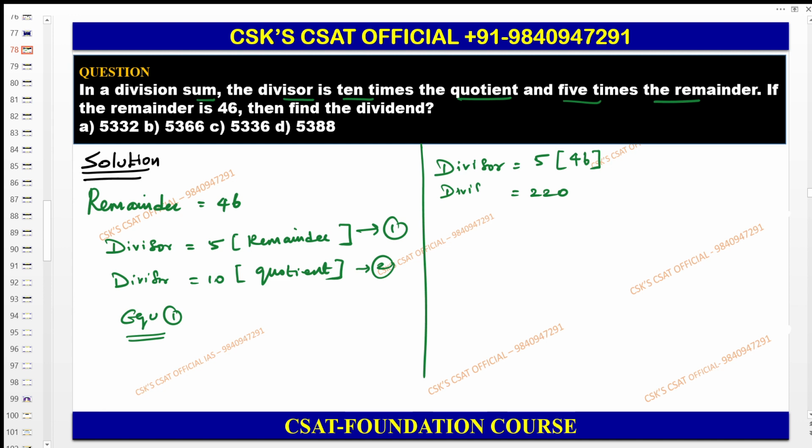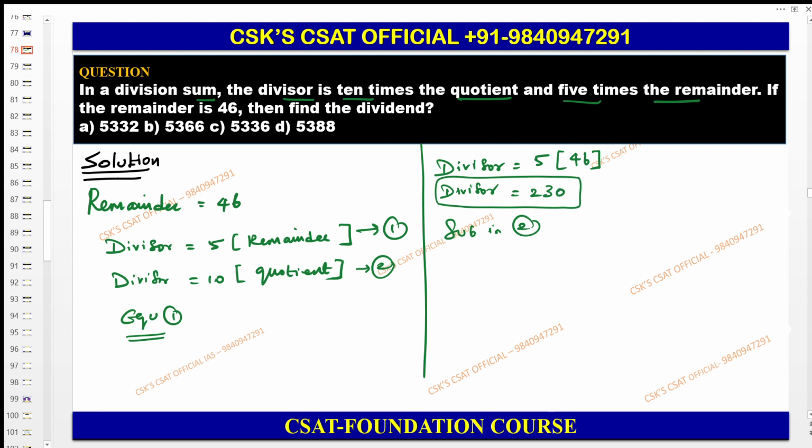So we know the divisor. After knowing the divisor, we can substitute in equation number 2 in order to find the quotient. Sir, it will be 230. 5 into 46 is 230 only. Yes.